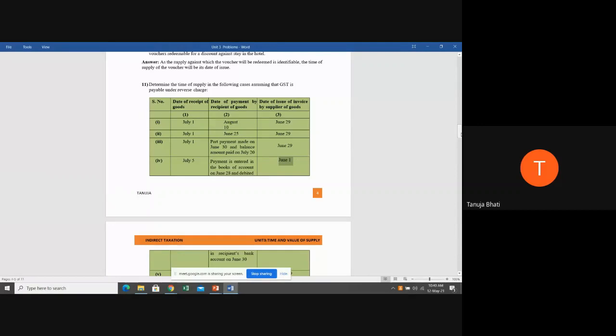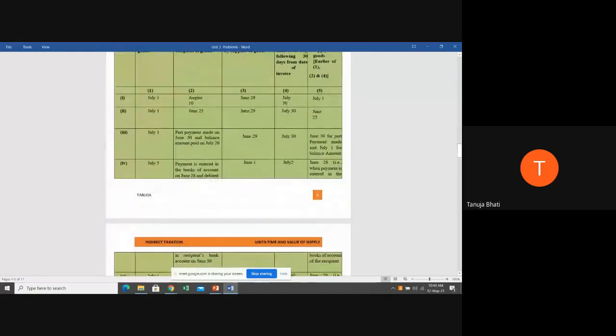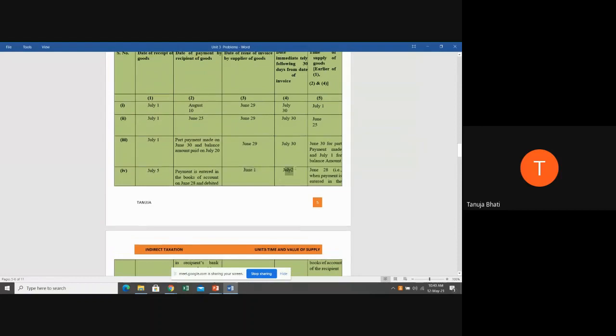So among these 3 dates, which is the date that is earlier? So let us see the solution to the fourth case. July 5th. Okay, then you need to compare June 28th and, oh, sorry, July 2nd.